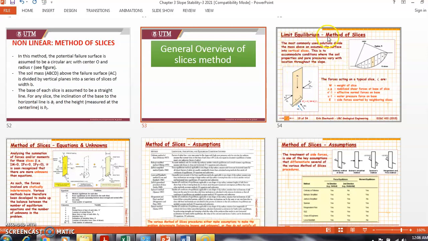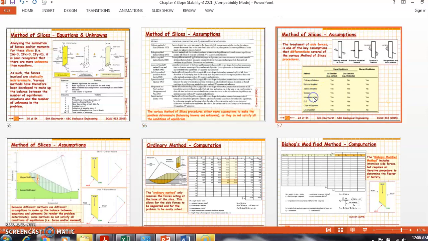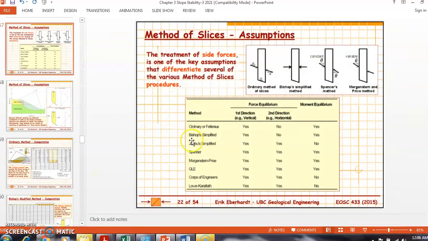By using limit equilibrium, you can read there are a lot of method of slices assumptions, and they differ from one to the others. Such as here, if they use ordinary Fellenius, in the first direction force equilibrium, yes they have, but in the second direction some of the methods don't have the force equilibrium.